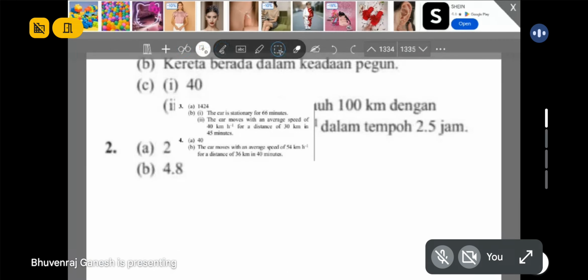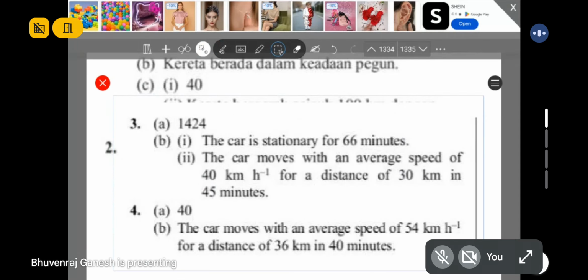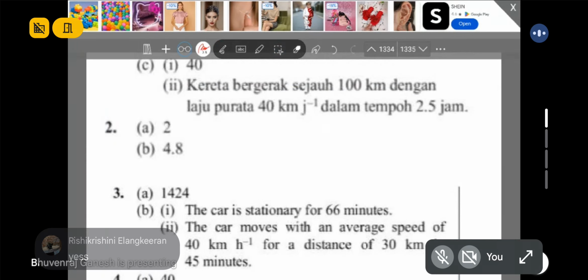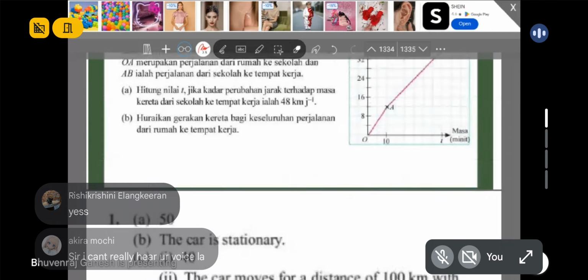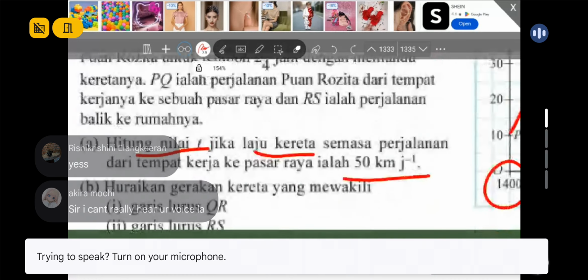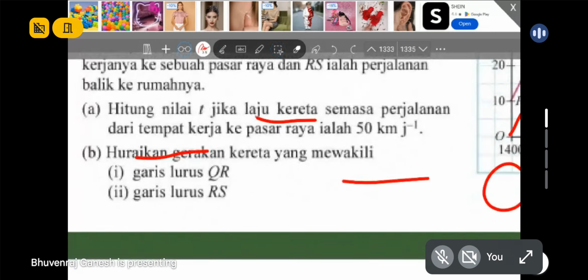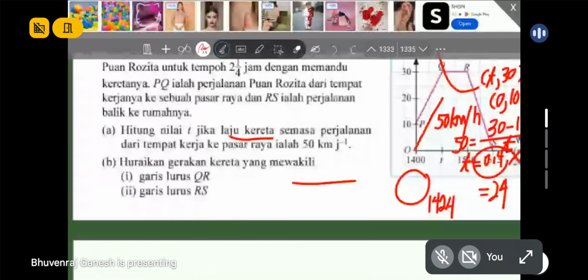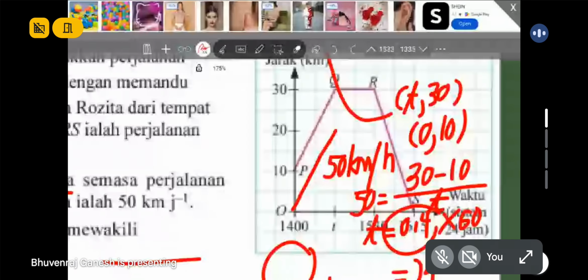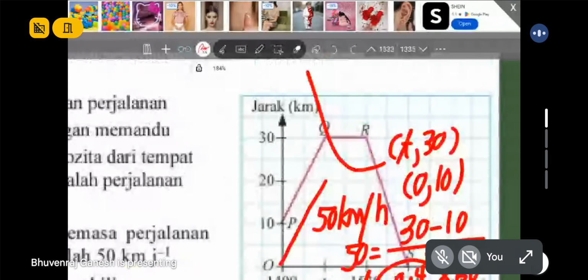Yes, correct. Okay, 14:24. Understand, guys? Faham how I solve it? Okay, next one. They ask you to describe the move of the car for QR. Garis lurus QR. What is happening?